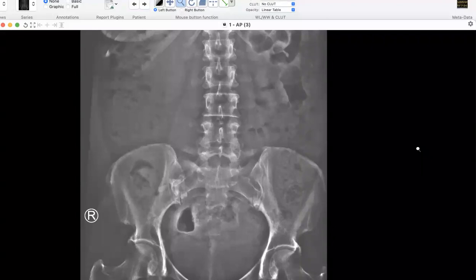There is no associated surrounding calcification seen around it. Rest of the bones of the pelvis are normal.